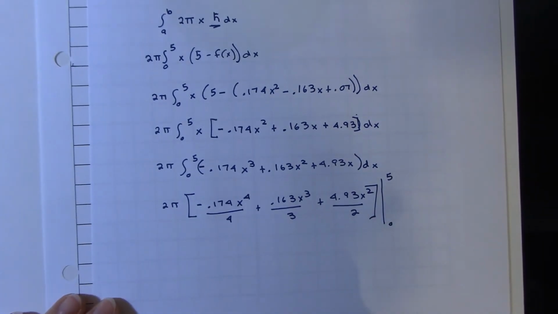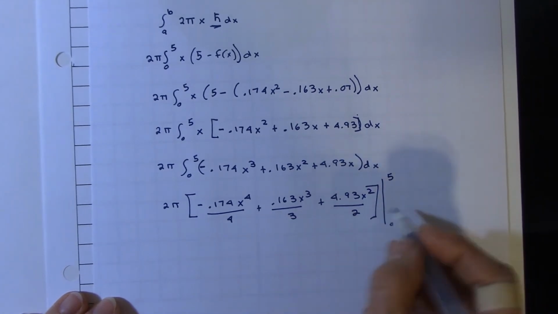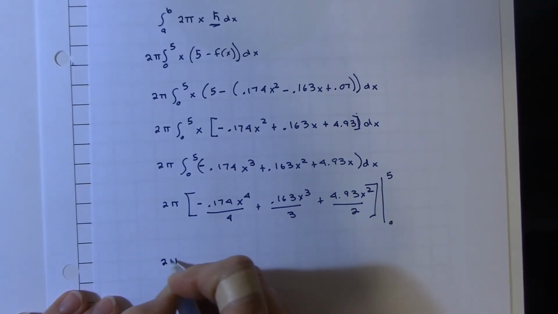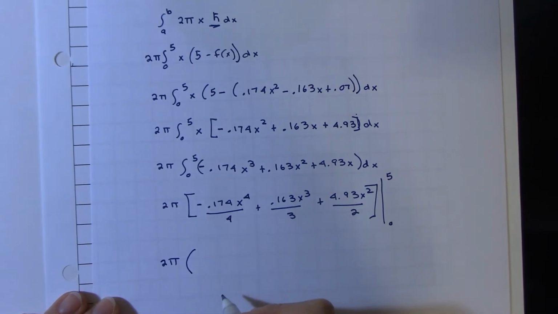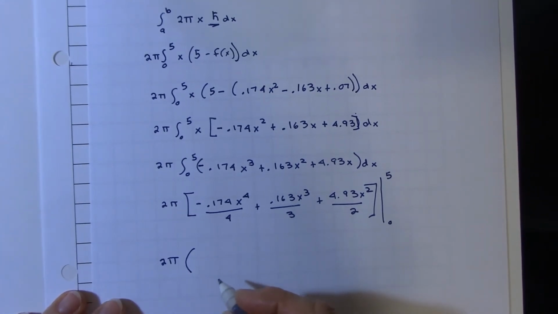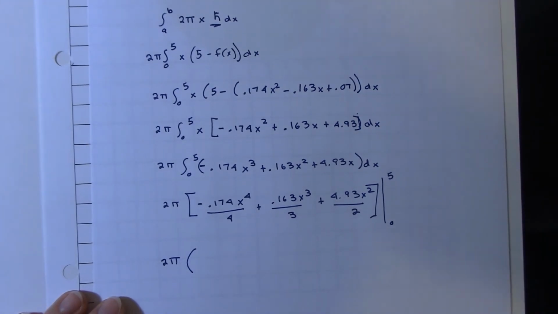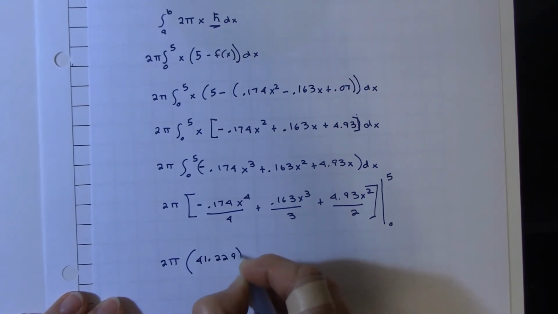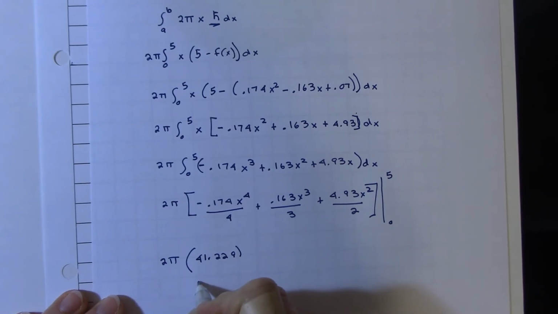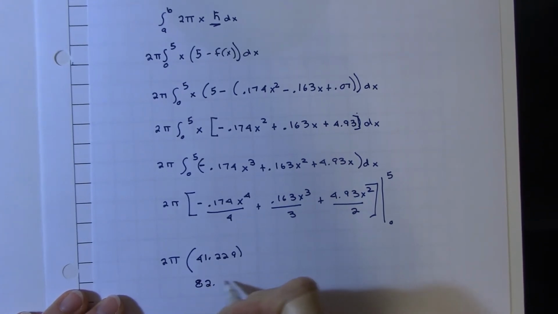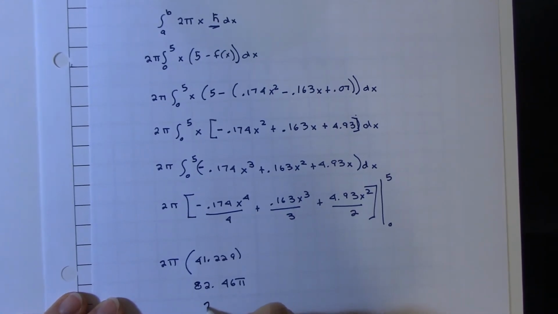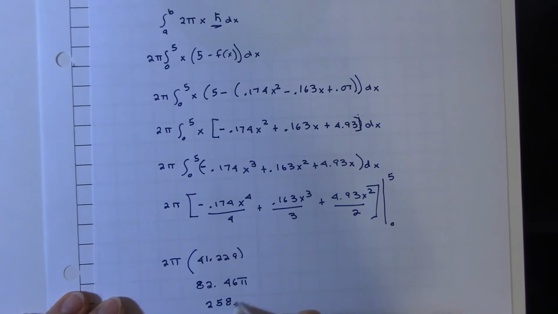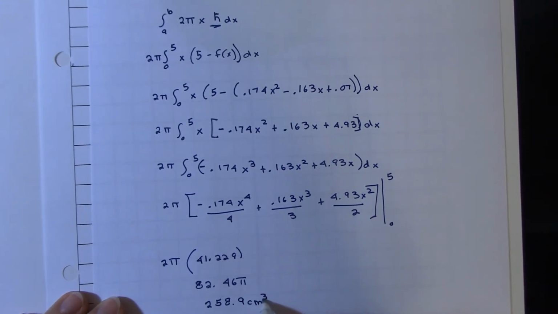So when we substitute in the 5 in place of x and enter that through the calculator, we'll have 2 pi times 41.229, which is 82.46 pi, which is approximately 258.9 centimeters cubed.